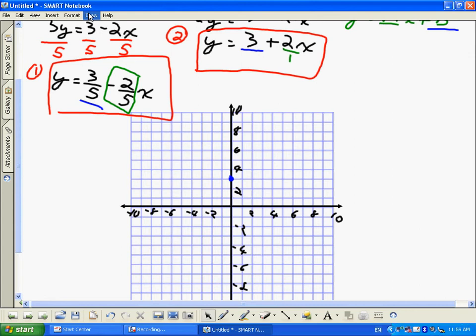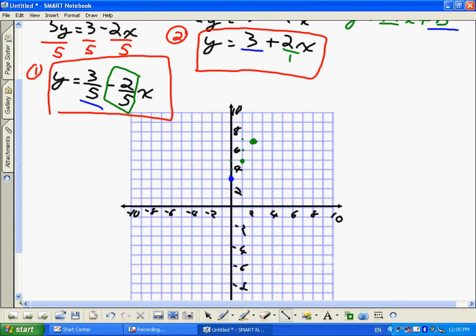From that point, I'm going to graph the rest of the line using the slope. The slope of this is positive 2 for the rise and positive 1 for the run. So, we'll do this one in green. That means we're going to go up 2 over 1. So here's another point on the line. From that point, we can go once again up 2 over 1. There's another point on the line. I have 3 points on this line. Let's continue this.